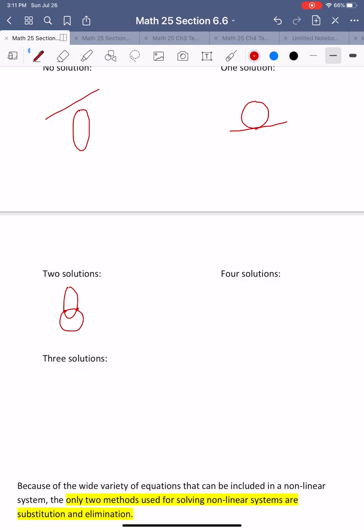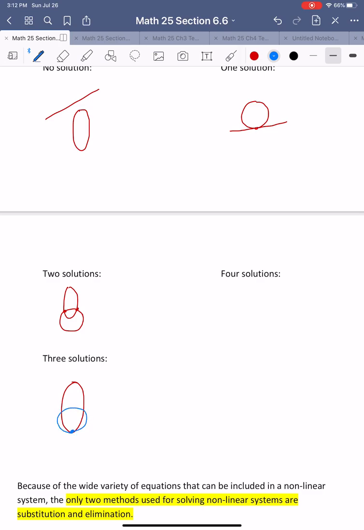Three solutions means, what if you have an ellipse, and then a circle that goes through this way.